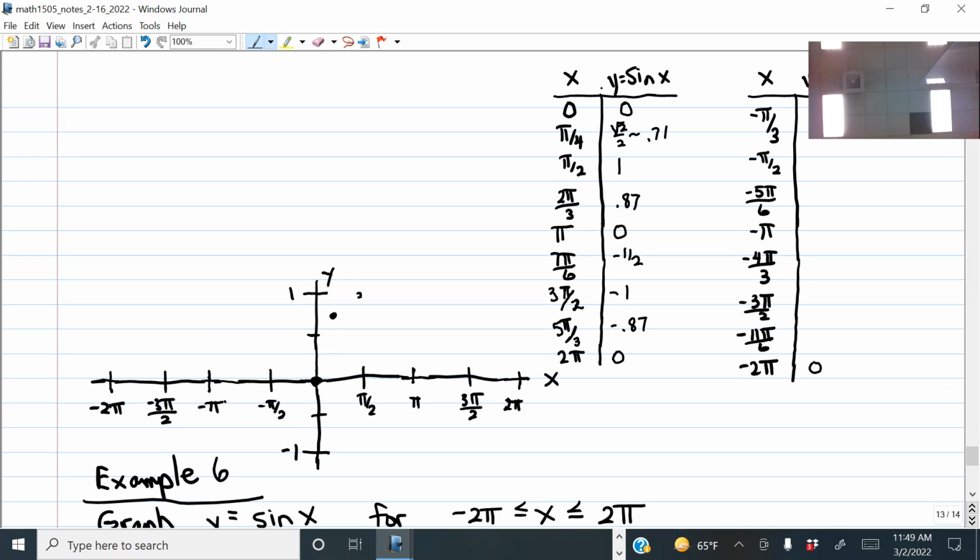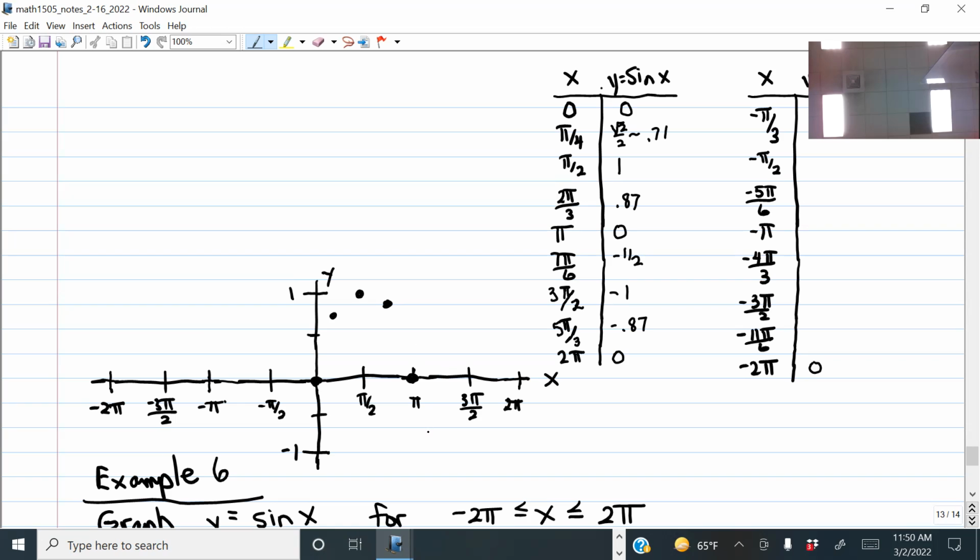At 2 pi over 3, about 2/3 of pi, that's 0.87. That one's really hard to locate. Then for pi, back down to 0.